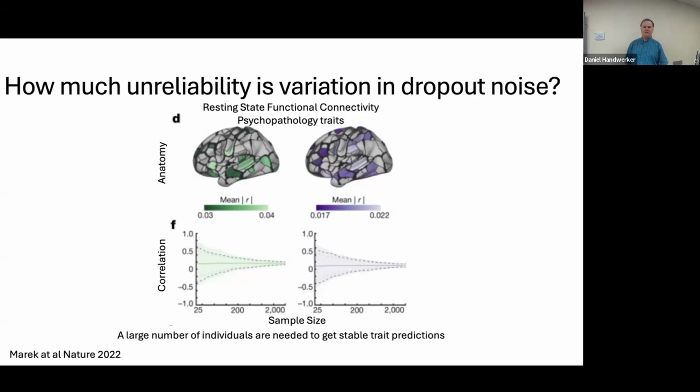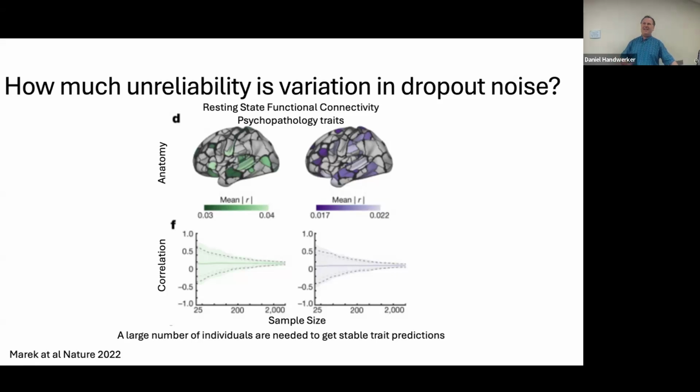And they said, these are the regions of interest that are most significant in these traits. You'll notice a bunch of these are in areas that are known to have dropout. They're saying it took a huge number of subjects before our correlation values got stable. But hypothetically, if these regions of interest were literally measuring different amounts of cortex, different places of cortex in each person, that is a measurable and correctable area of noise that could be fixed.